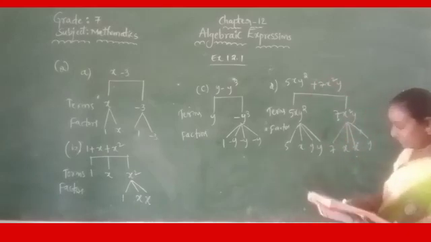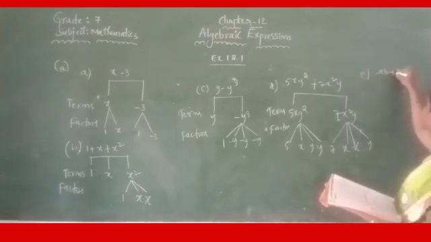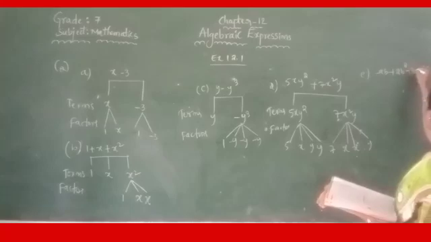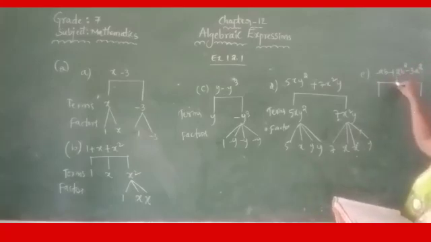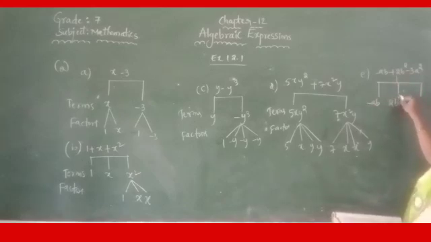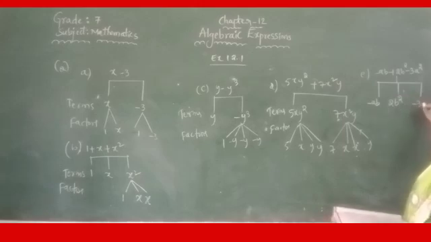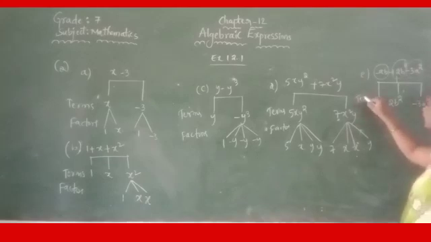Right. Children, see the last one, E, that is minus ab plus 2b square minus 3a square. How many terms does it have? 3 terms. One is minus ab, second is 2b square, third is minus 3a square. Sign is also very important. Here these are the terms, and now write the factors.